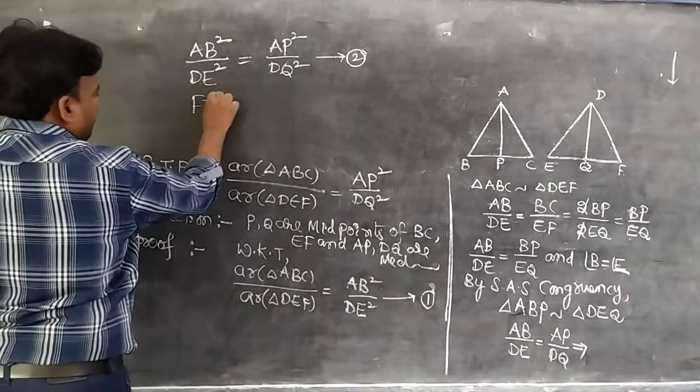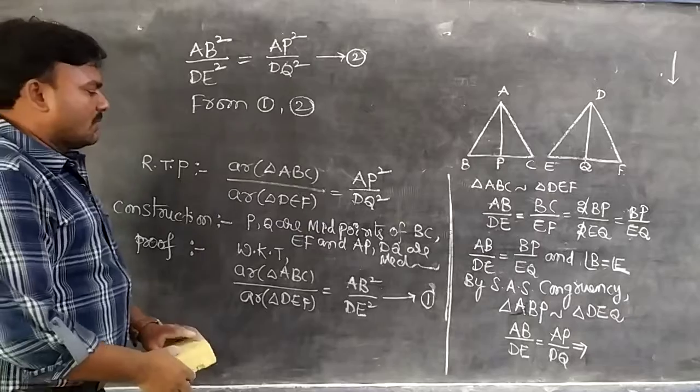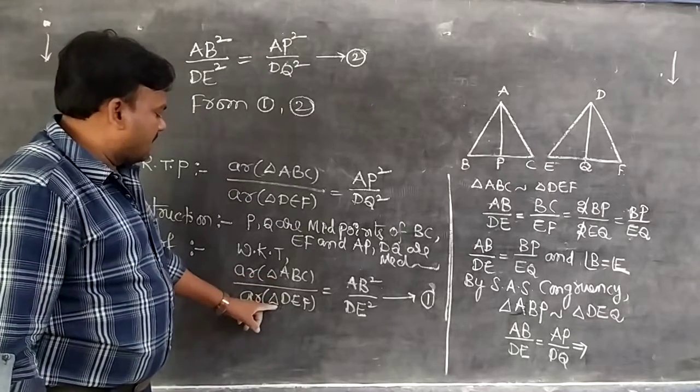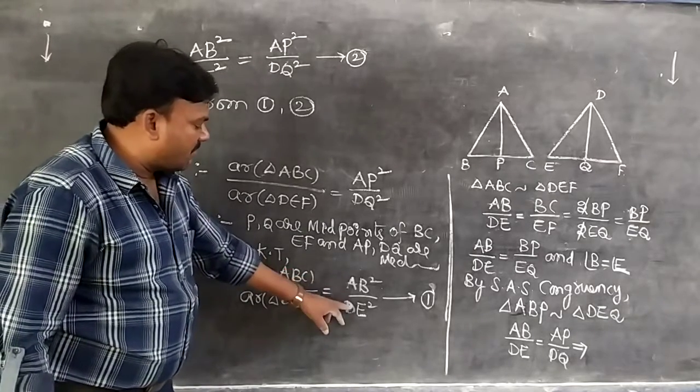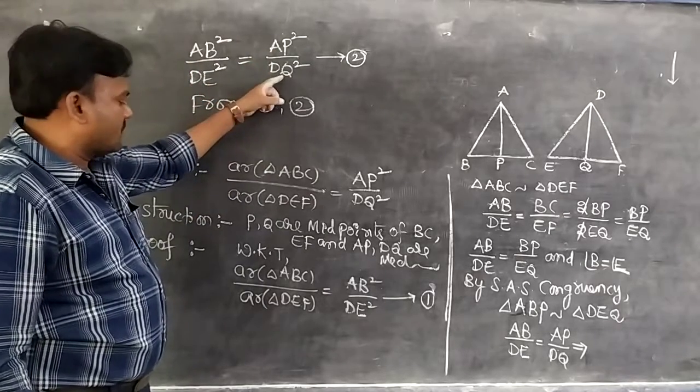So here, next, comparing both equation 1 and 2: area of triangle ABC by area of triangle DEF is equal to AB square by DE square. Here AB square by DE square equals AM square by DQ square.